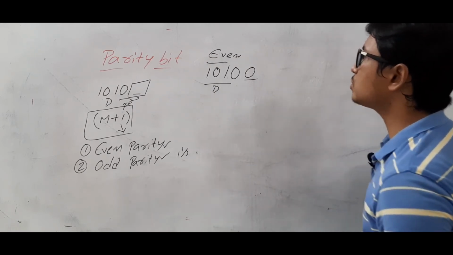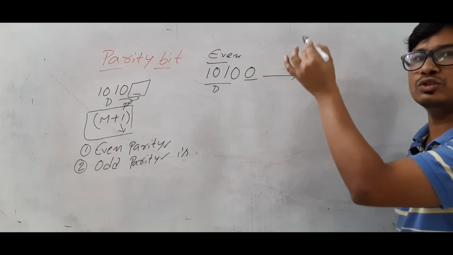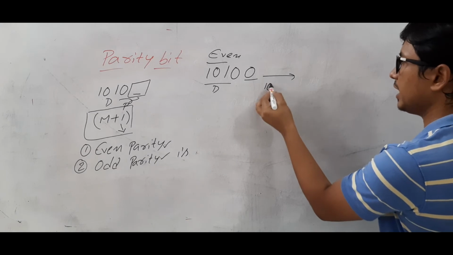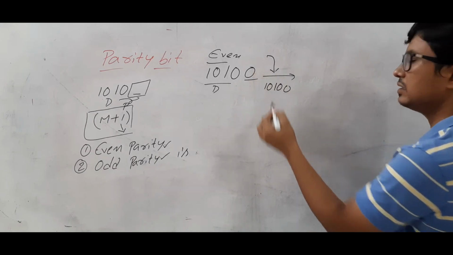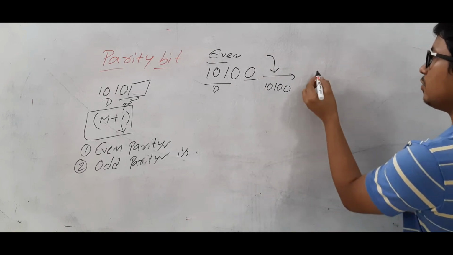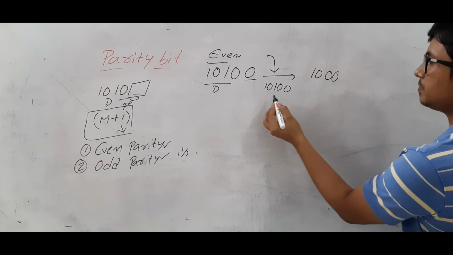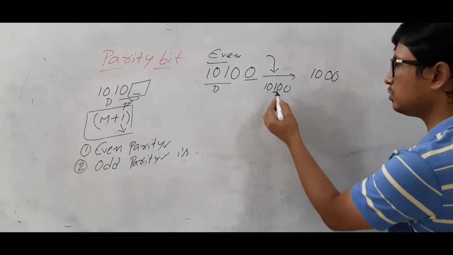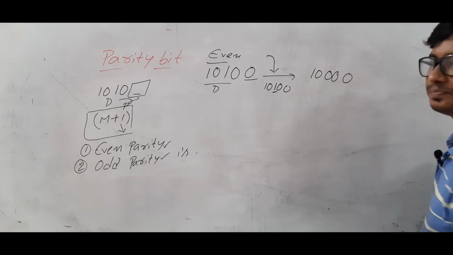So now the source will send the data as 10100. So this is the total data it will send. Because of noise, let's take that this data was modified as 1000. Here the bit is modified to 0, which means a single bit error has occurred and the parity bit is 0.